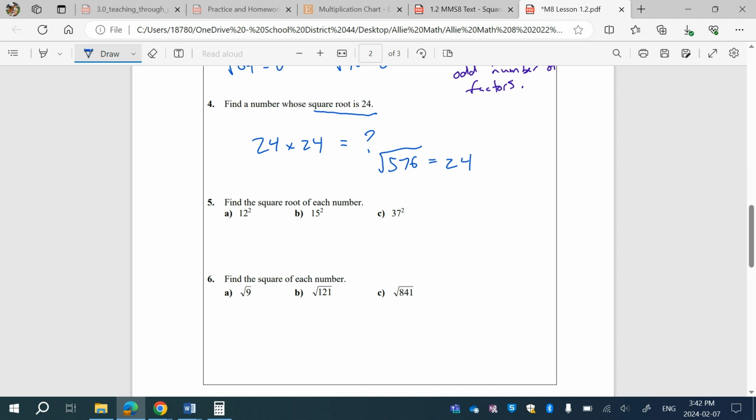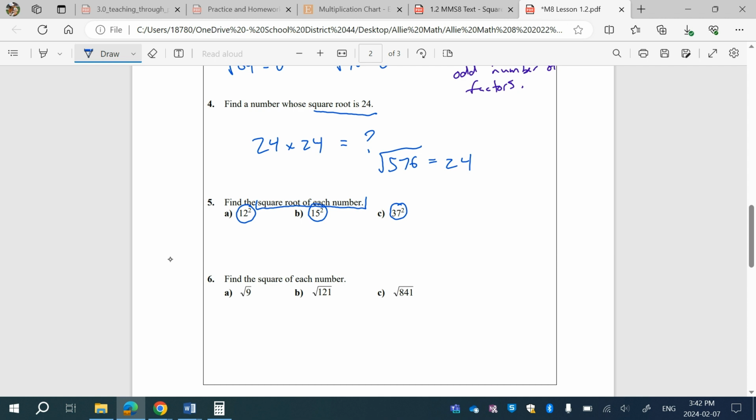Okay, a few more. Find the square root of each number. Okay, this is tricky, okay? We have to notice that it has the power of 2 there. So we can't get fooled by these numbers.